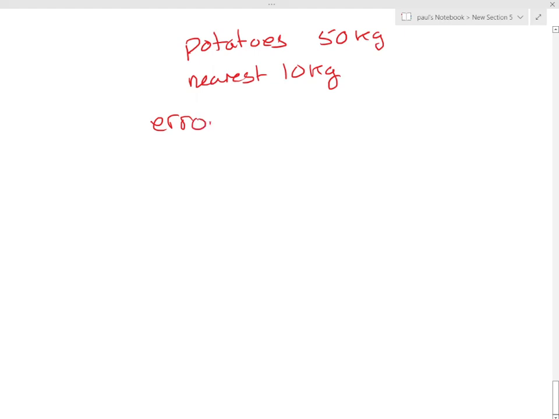So let's go back to our potatoes that weigh 50 kilograms, and this time we go to the nearest 10 kilos. So we're going to write the error interval.